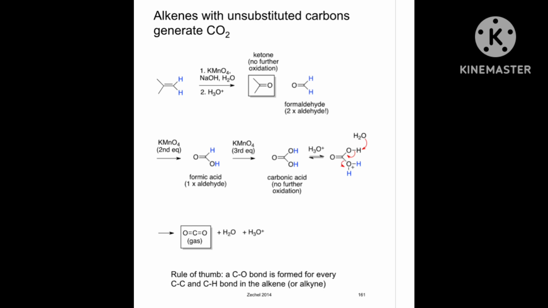Otherwise, if other groups are attached, like an ethyl group on both sides, or an ethyl group on one side and a methyl group on the other, then it will be called a ketone. Acetone is called only when a methyl group is attached on both sides.